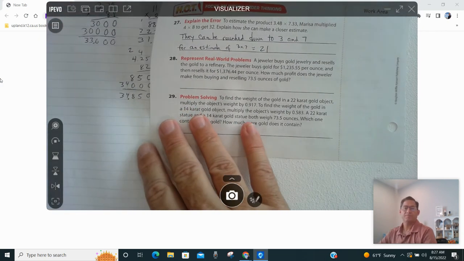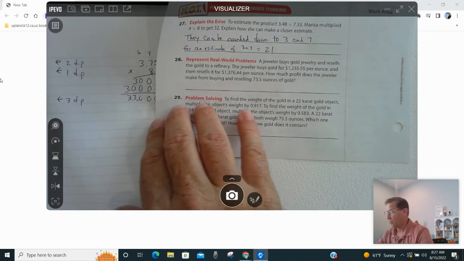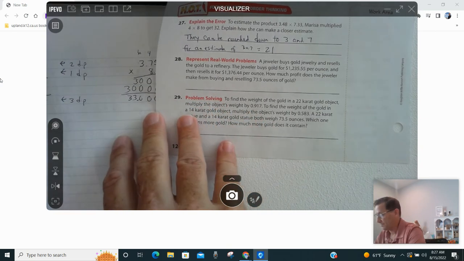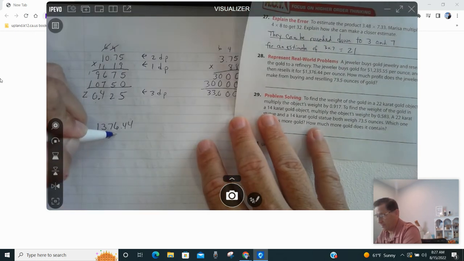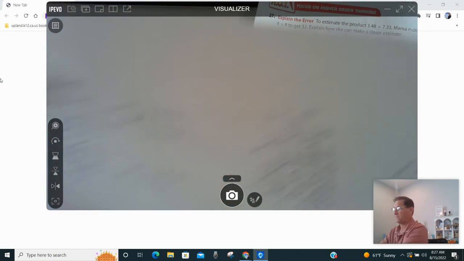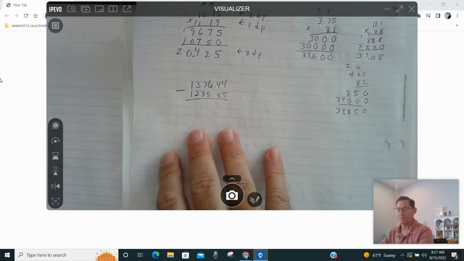All right, so there's two steps here basically. We know that for every ounce of gold that he gets, he's going to sell it for $1,376.44. He's paying $1,235.55. So why don't we just find out the profit per ounce first?